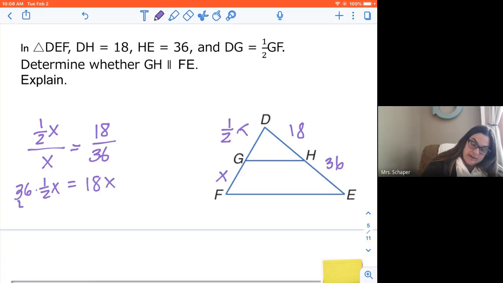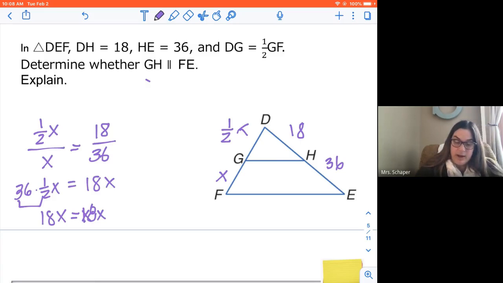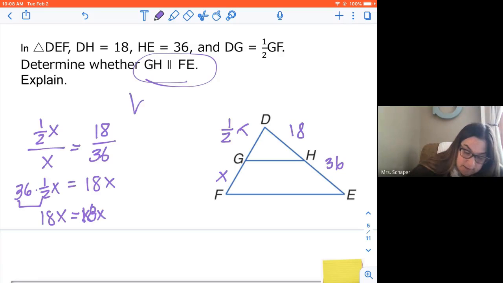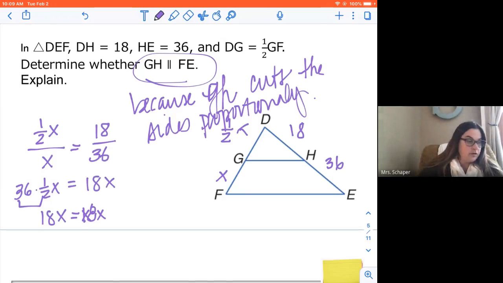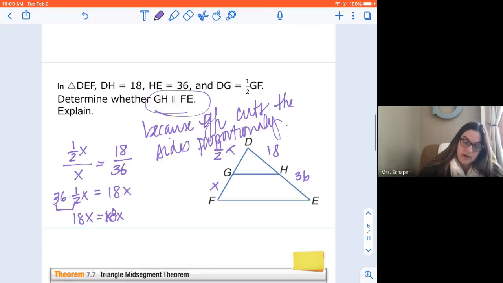Yep. Because 18x equals 18x, we can say that these lines are parallel because GH cuts them into proportional side lengths. Let's look at the next one, the triangle mid-segment theorem.